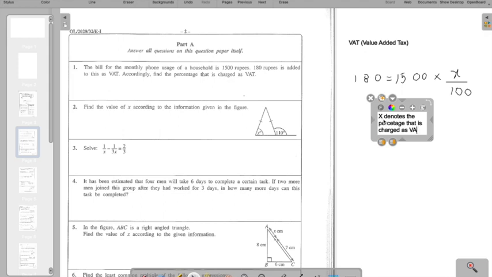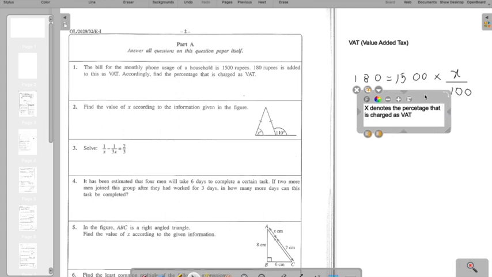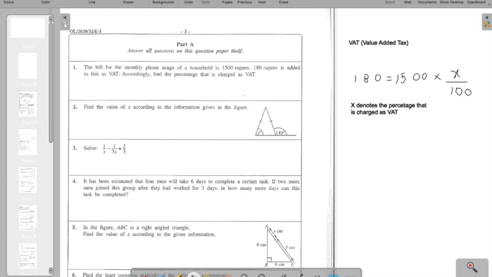So now that we have understood what x is, let's simplify the remaining things. 180 equals this. Here you can see that these two zeros will be cancelled off. Once they are cancelled off, we can cross multiply, which means you will have 180 over 15 equals x.